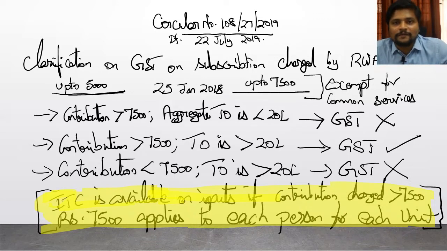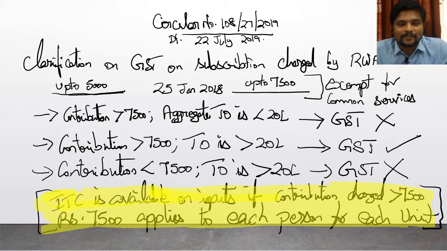And after 25th January 2018, the threshold has been revised to 7,500 rupees. So what does the threshold mean? Up to 5,000 rupees, for example, your monthly maintenance charges or monthly subscription for being a member in this residential welfare association.